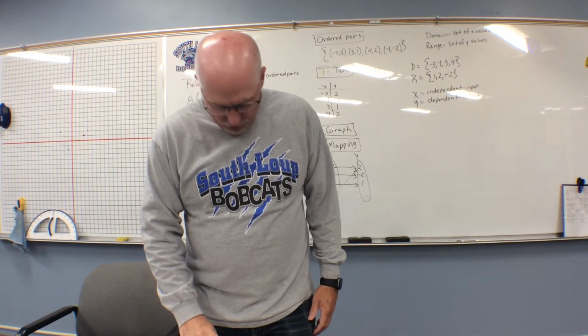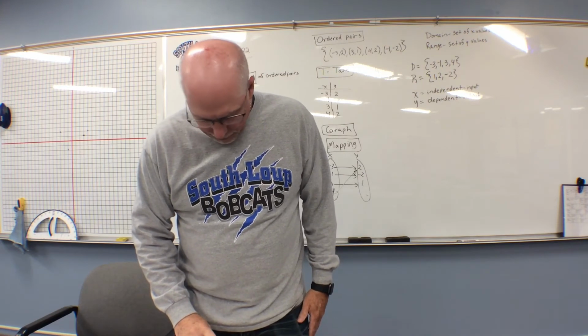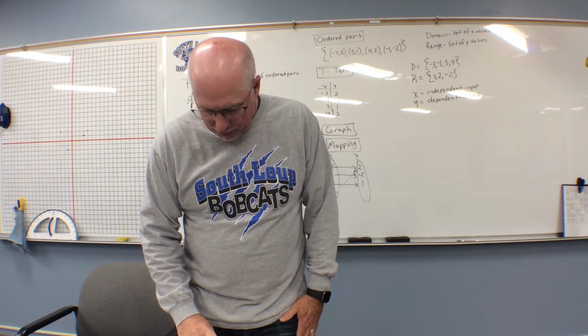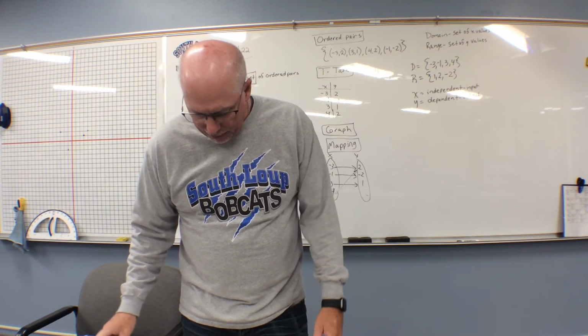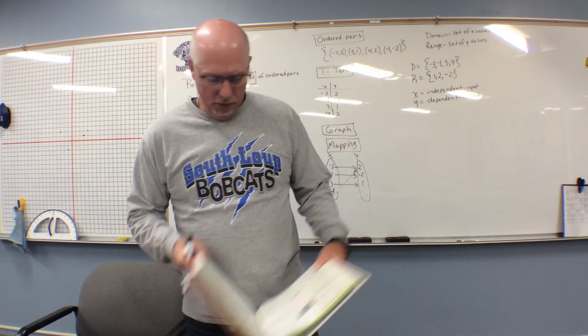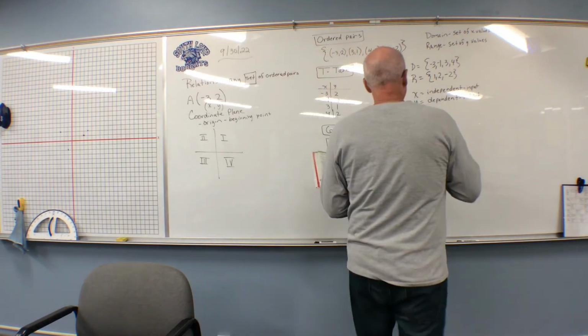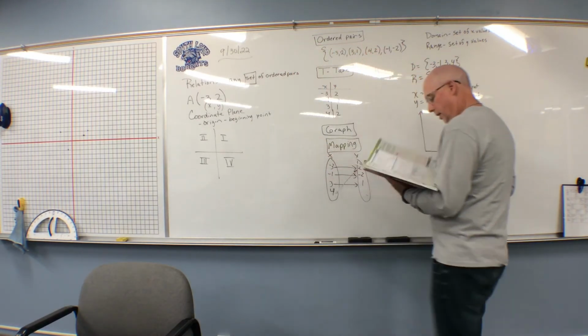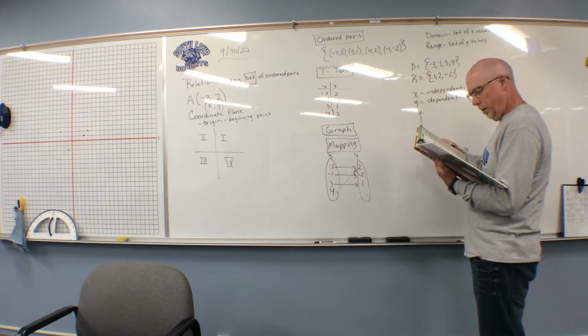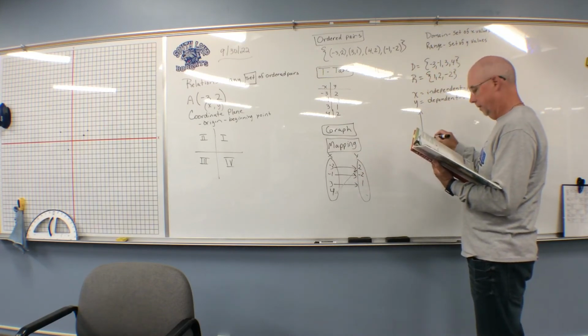Now on page 44, example 3, it says the graph shows the distance Francisca has ridden on her bike. Describe what happens in the graph. Okay, well, the graph looks like this, and you're going to have to do a couple of these. So it's in the first quadrant, and it looks something like this.